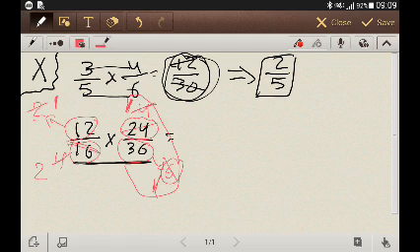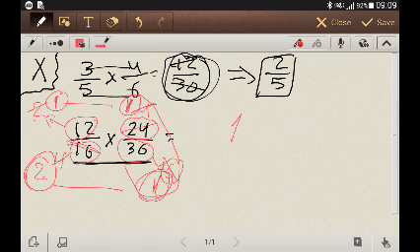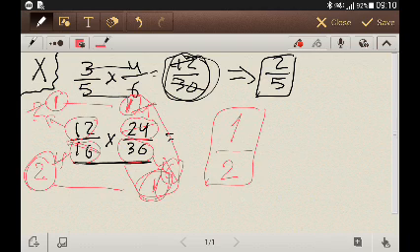So, for the final answer, I multiply the last numbers: 1 multiplied by 1 equals 1, and 2 multiplied by 1 equals 2. So the final answer is 1/2. Without dealing with big numbers, just dealing with 24 and 16, 36 and 12, you get the simplest form of the answer.